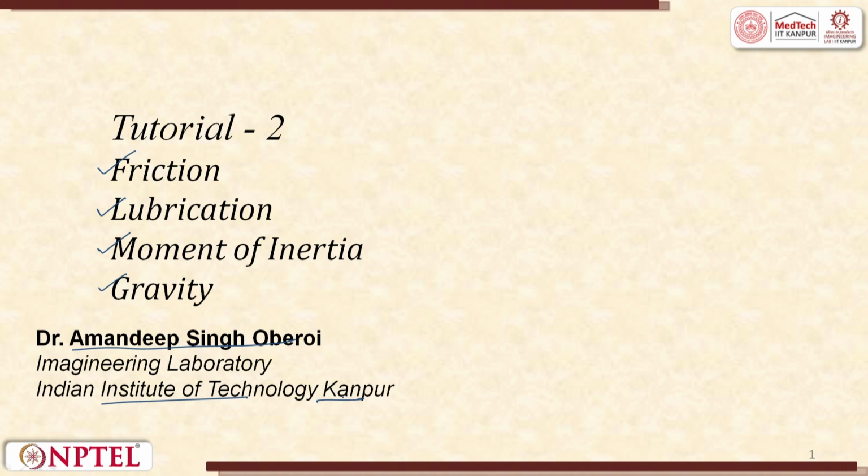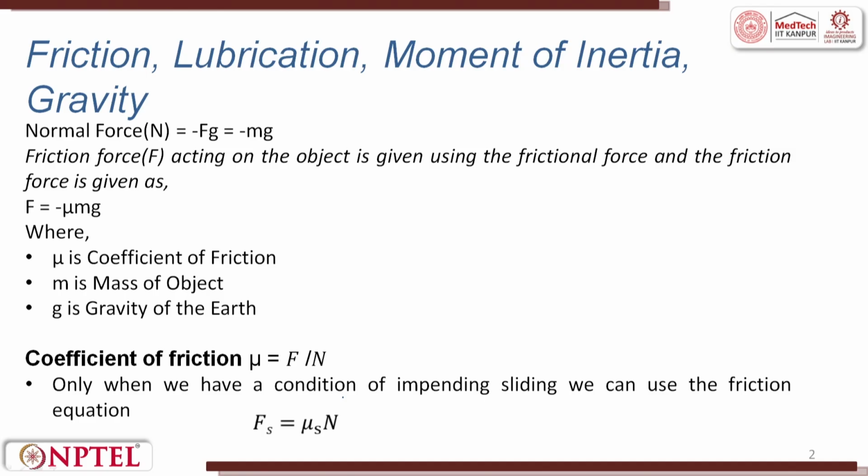Let us try to recall the concepts that we went through in week 2, that is friction, lubrication, moment of inertia and gravity. We understood that the normal force N is equal to minus of F into G, which is minus of mass into the acceleration due to gravity.